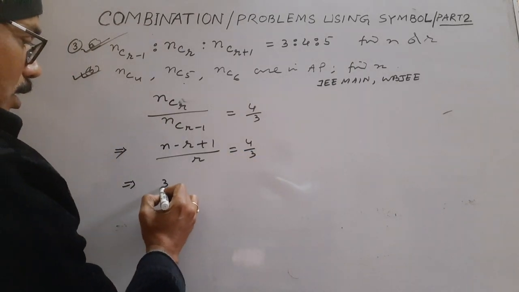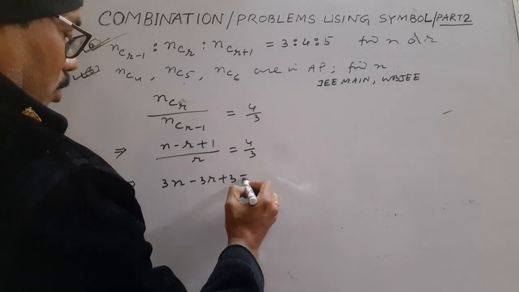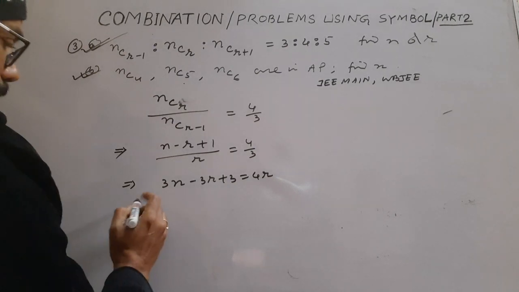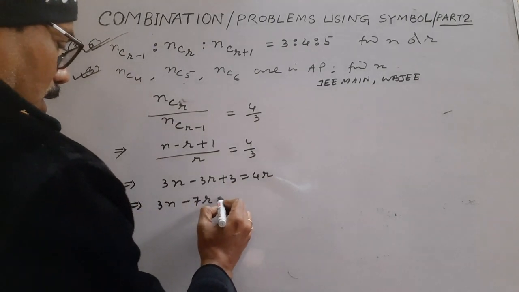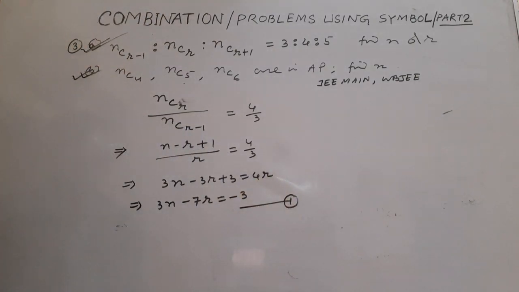So we are getting 3n minus 3r plus 3 equals 4r. So 3n minus 7r equals minus 3. Call it 1.